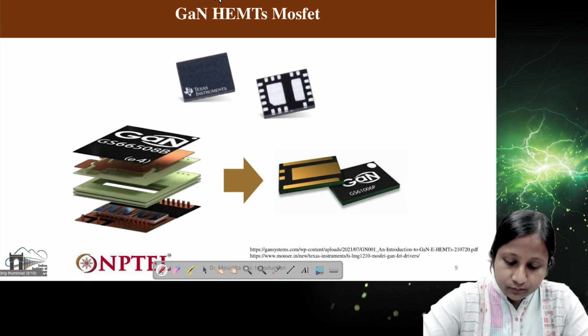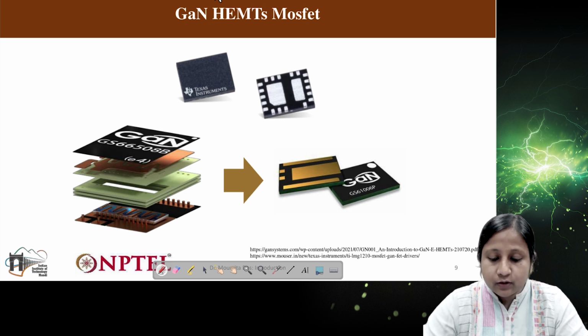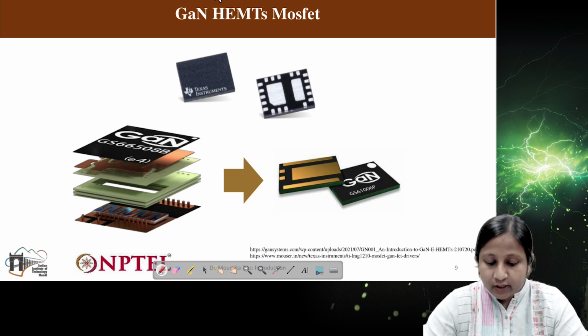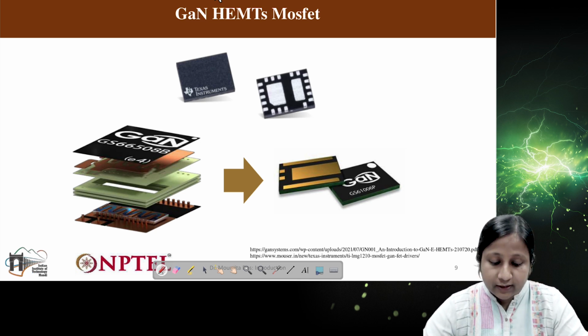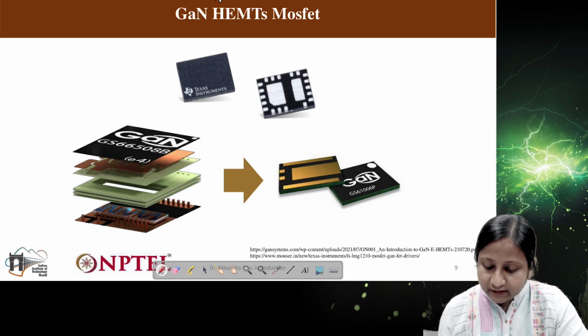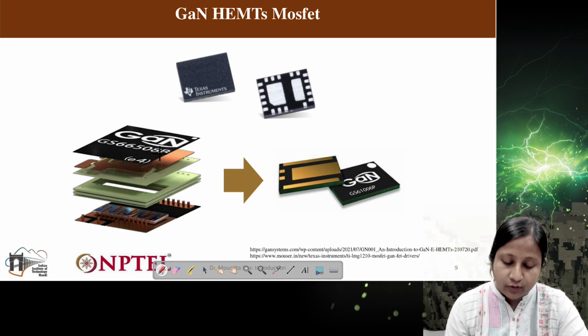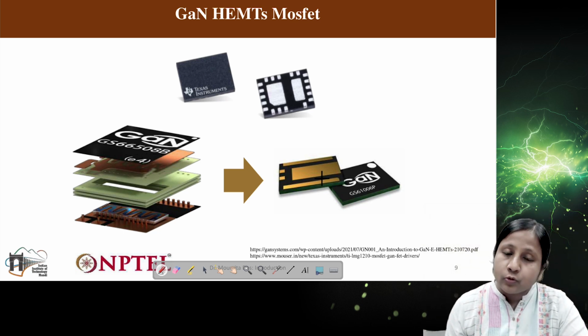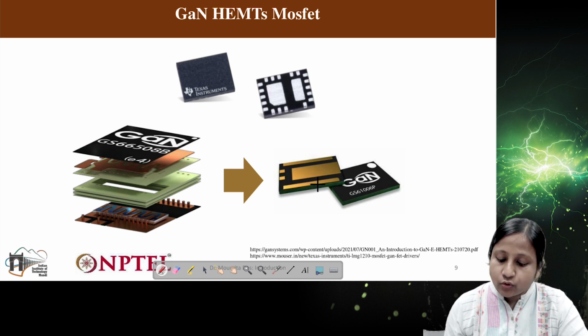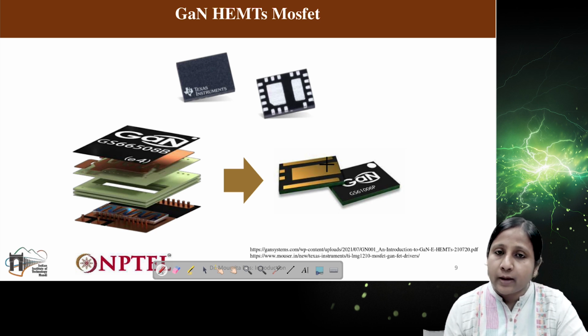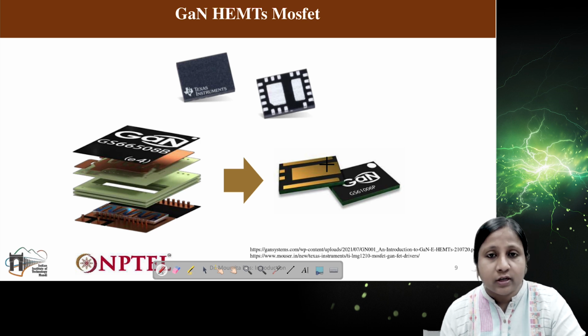Now you can see here how the GaN MOSFET looks. There are different layers placed, and this is an SMD kind of device. The device shown here, GS66508B, is a bottom-cooled device, meaning the heatsink, if required, has to be provided only on the PCB where the device is placed; otherwise you cannot connect the heatsink on top of the device.